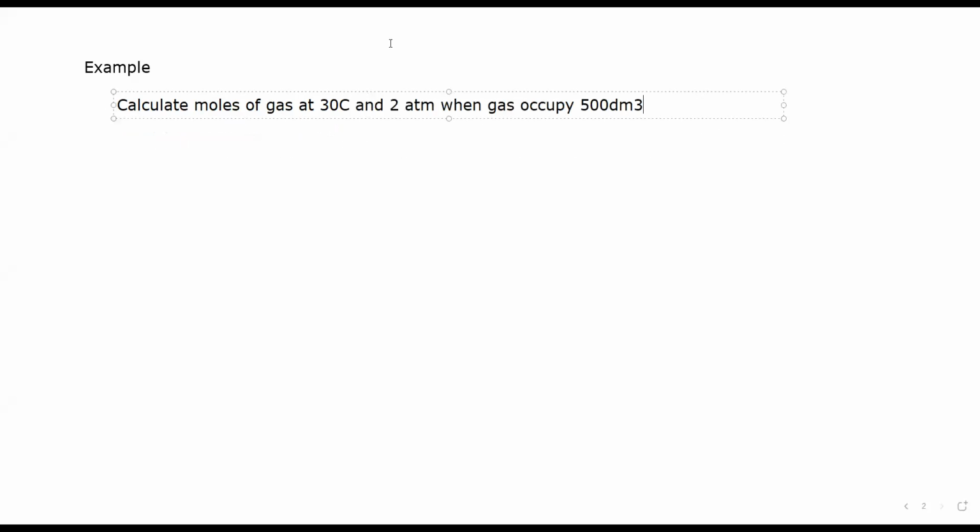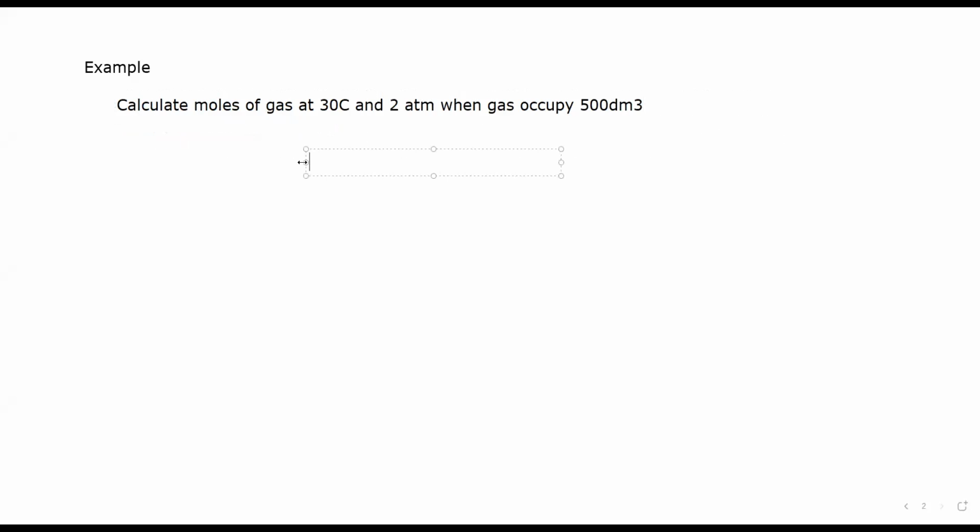So for example, if the question was: calculate the moles of gas, and this is only valid to find the moles of a gas at 30 degrees centigrade and 2 atm, when the gas occupies 500 decimeter cube. So this is a question and you have to solve.